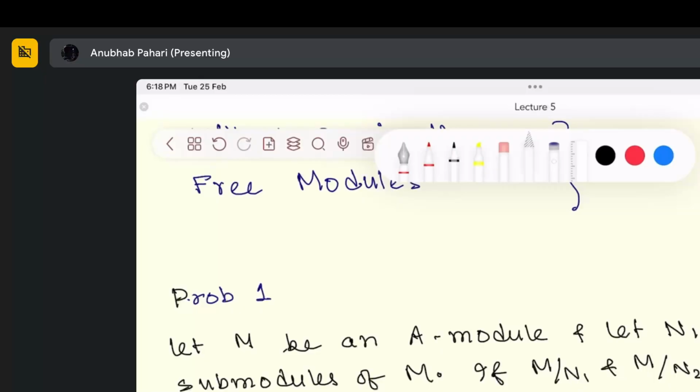So under the conditions of the problem, we have the exact sequence 0 to M by N1 intersection N2, to M by N1, and M by N2.